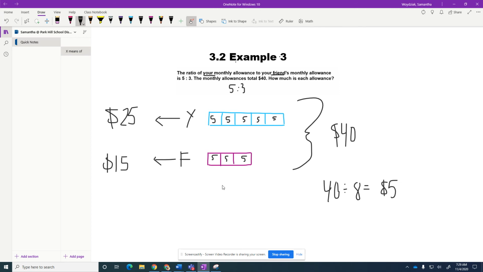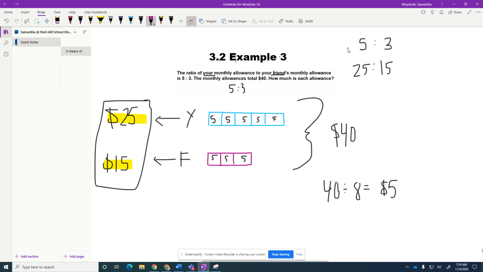All right, and so that gives us the answer, but you know me, I always want us to be able to double check. And so if we took the ratio 5 to 3, and I'm up here on the top right if you don't see, and then we took the amounts and we wrote those as a ratio, is there a number that we can multiply 5 by to get to 25?